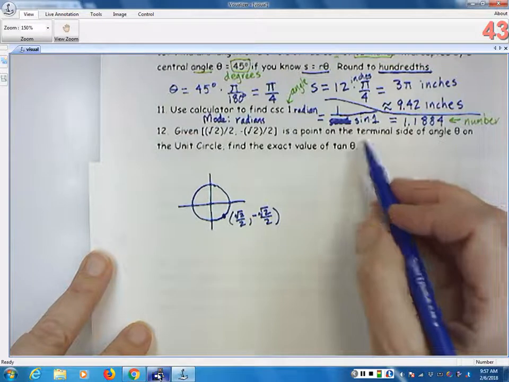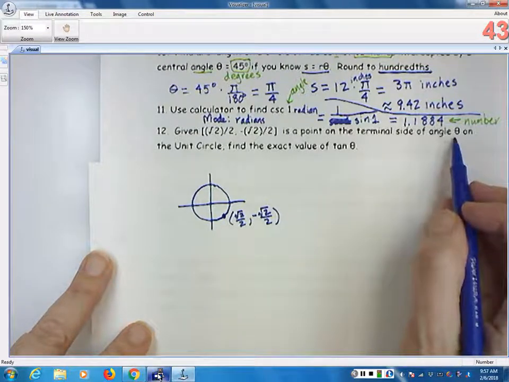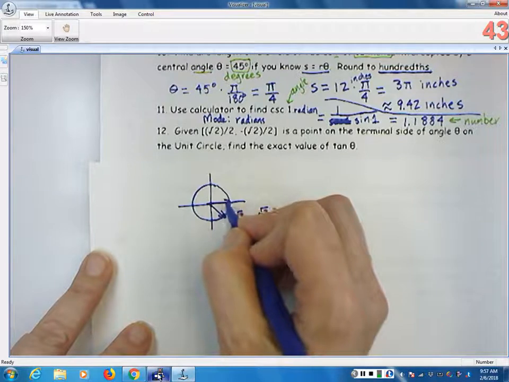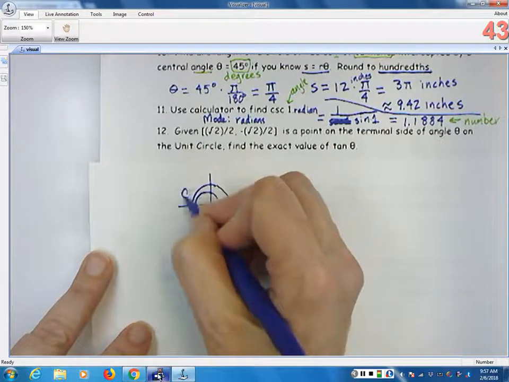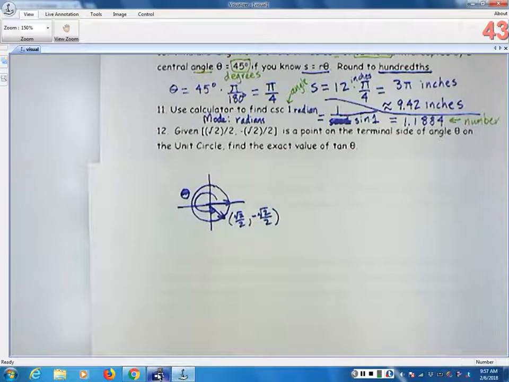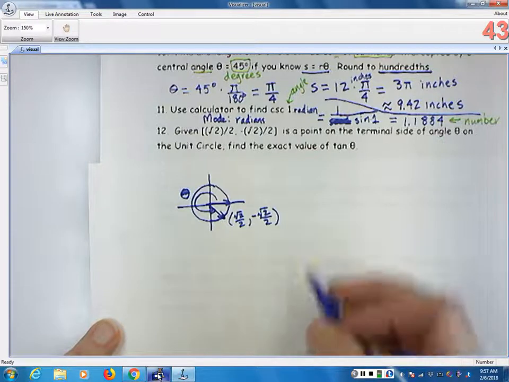It's a point on the terminal side of the angle theta. So theta's in standard position. Here's theta. I don't know if you can see that, that's theta. Find the exact value of tangent theta.